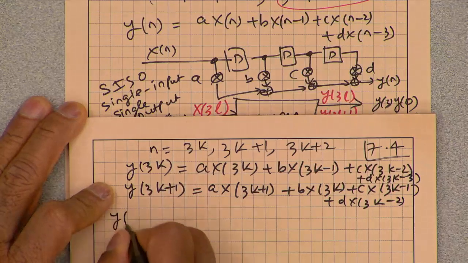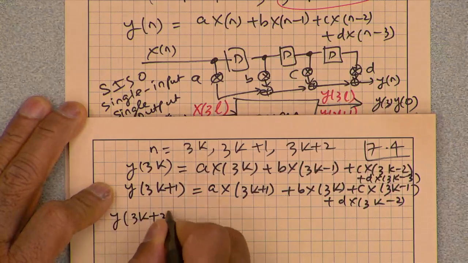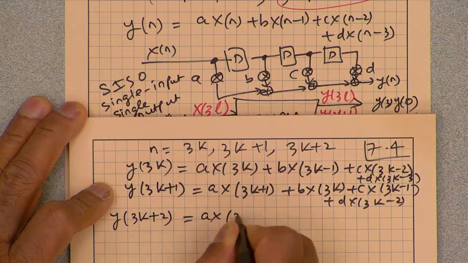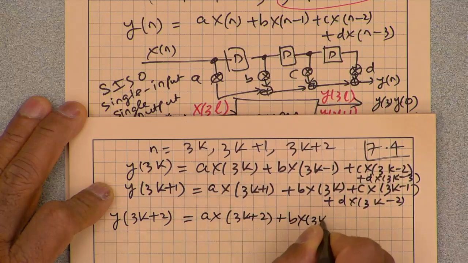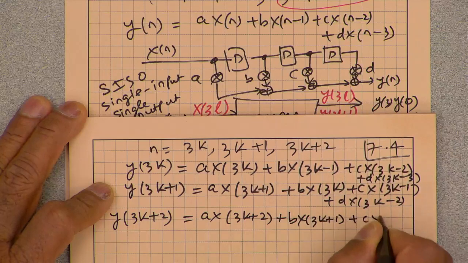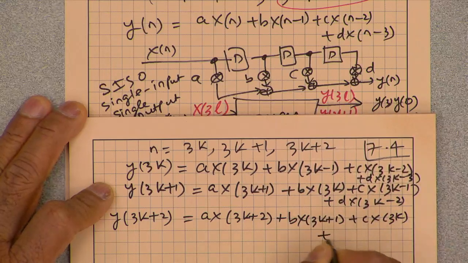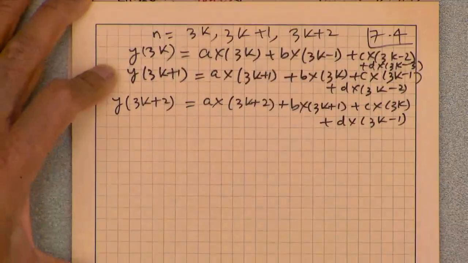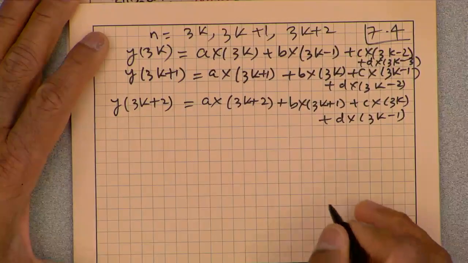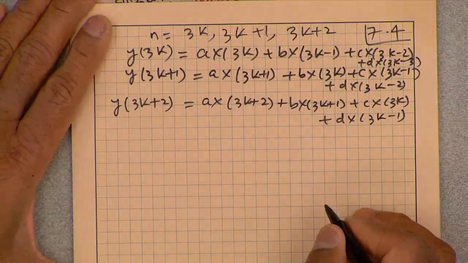And the last output, y3k plus 2, is a x3k plus 2 plus b x3k plus 1 plus c x3k plus d x3k minus 1. Okay, so those are the 3 equations, and we just need to draw block diagrams.